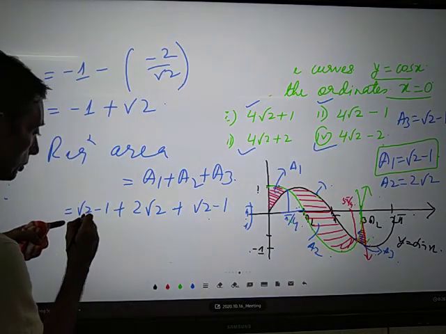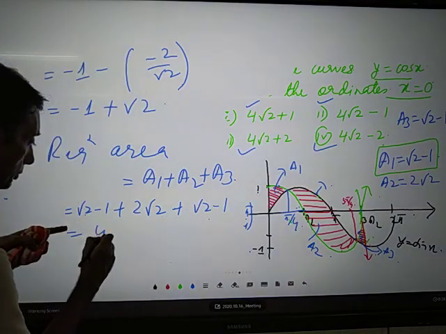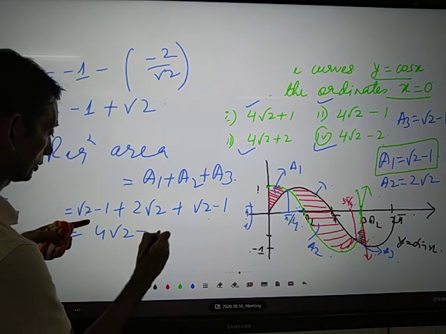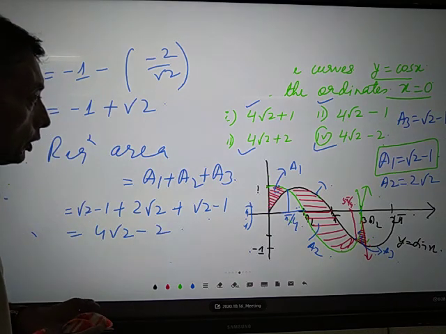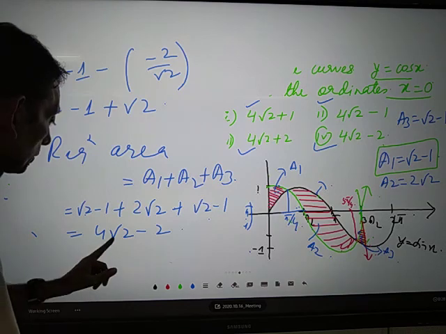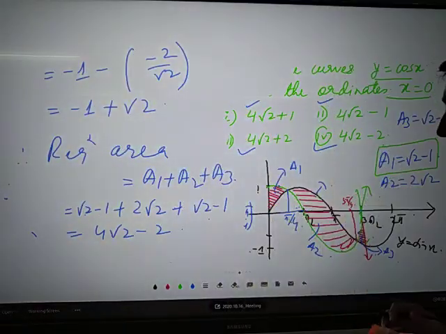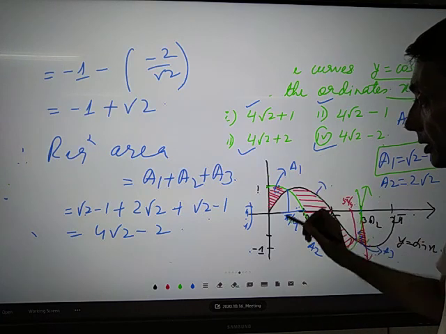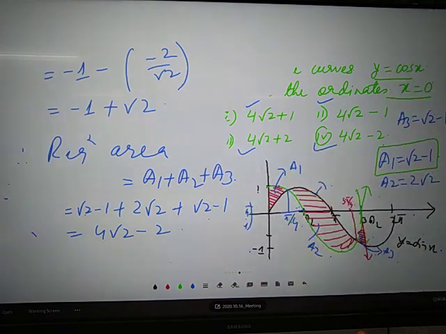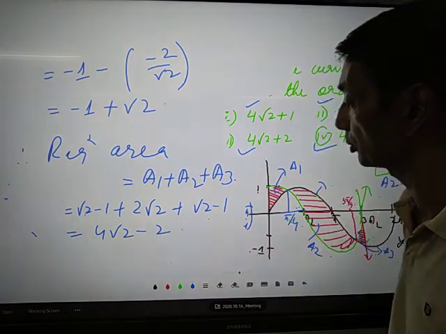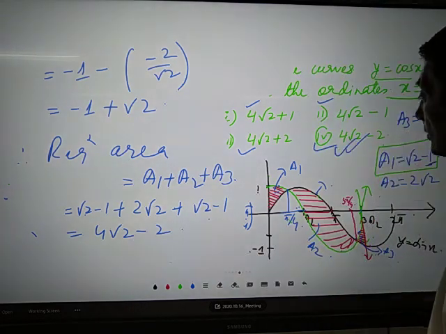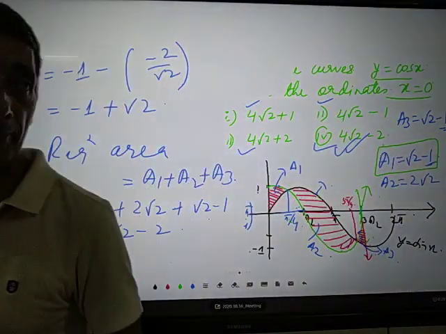So this is root 2, 2 root 2, root 2, that is 4 root 2, and minus 2. This is 4 root 2 minus 2. We got minus 1 in two places. So this option is correct: 4 root 2 minus 2.